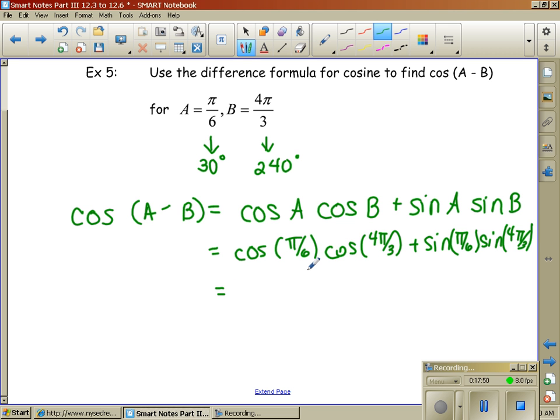So cosine of 30, square root of 3 over 2. Cosine of 4 pi over 3, reference angle of 60 in the third quadrant, so cosine is negative. Cosine of 60 is 1/2, so negative 1/2.